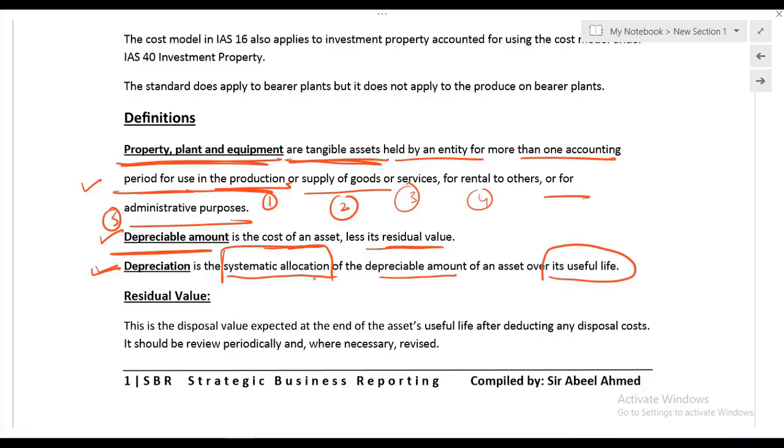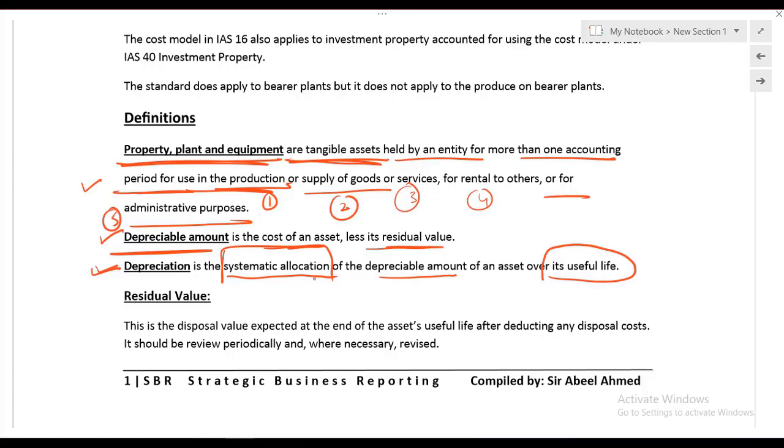What is written for depreciation in IAS 16? That depreciation is the systematic allocation of the depreciable amount of an asset over its useful life. So systematic allocation means, please concentrate on this point, according to IAS 16, depreciation method should match with the pattern of economic benefit from the asset.